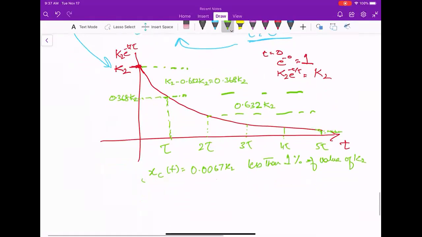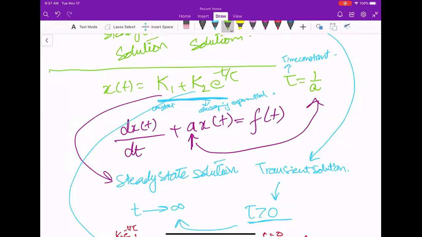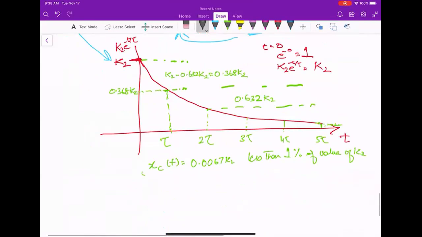Now, in our whole equation, you remember that this is xp of t plus xc of t, where this was the natural response and this was the forced response, right? So we are right now talking about the natural response.